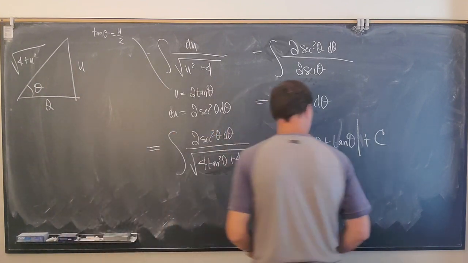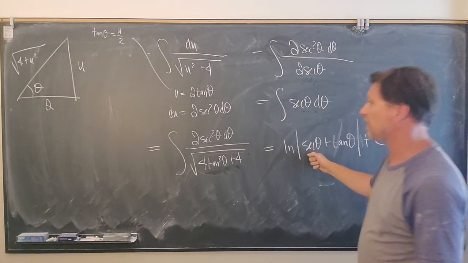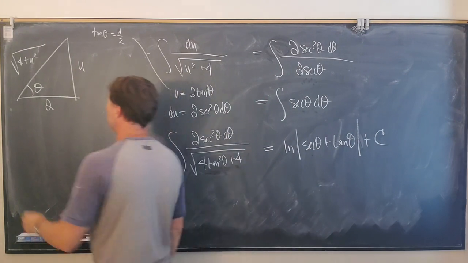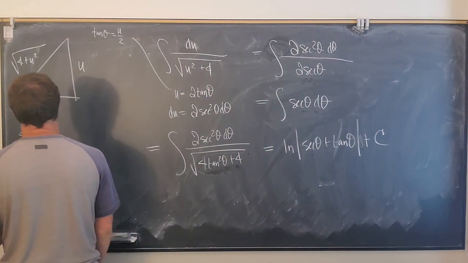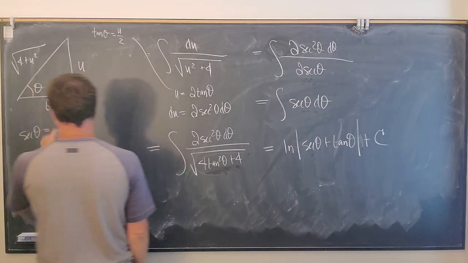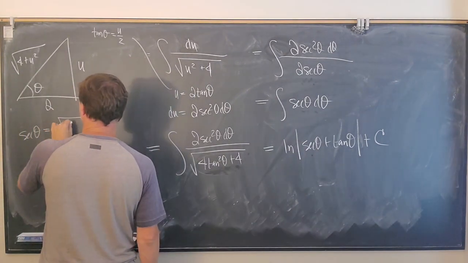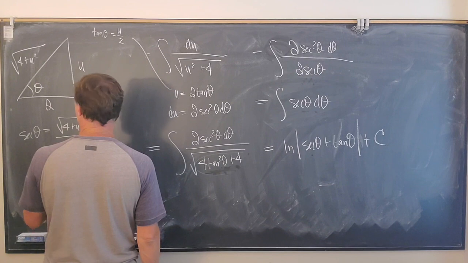All right, so what are we looking for? I need to know what secant theta is from this triangle. So secant is hypotenuse over adjacent.